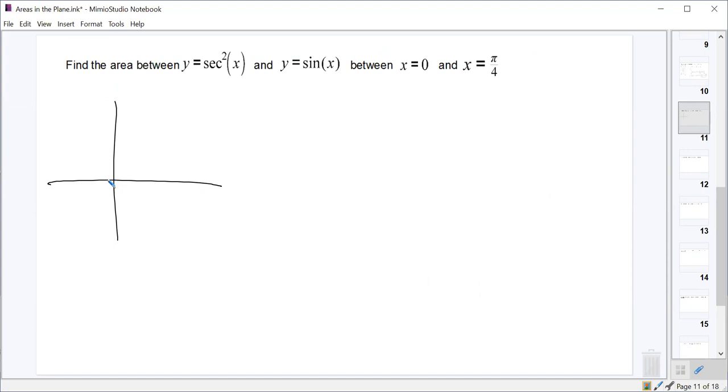What does sine x look like? A wave. Yeah. Right, like this. And where is pi over 4? This is pi over 2, right? So pi over 4 is like right here. What about the secant squared function? Where does secant, what's secant of 0?